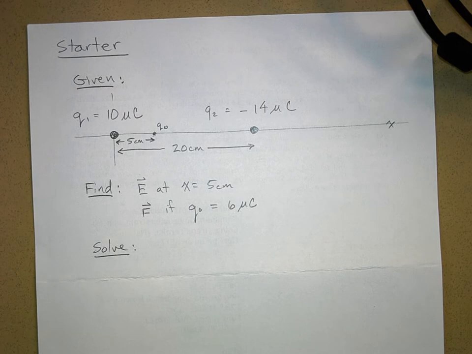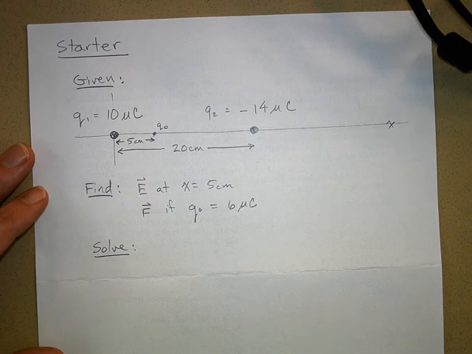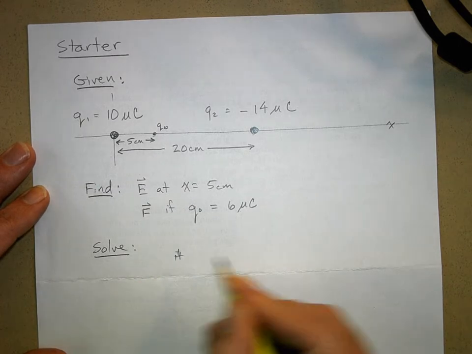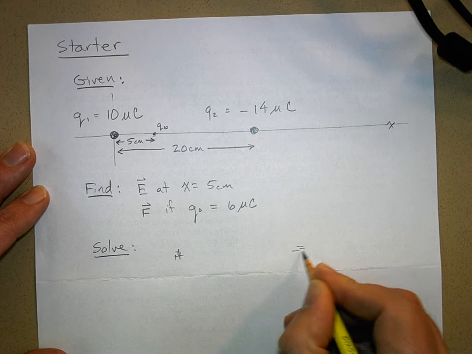So what I think you ought to do is, okay, it sounds kind of weird. I think you should draw the free body diagram of the test charge. So here's your positive charge. Here's your negative charge.